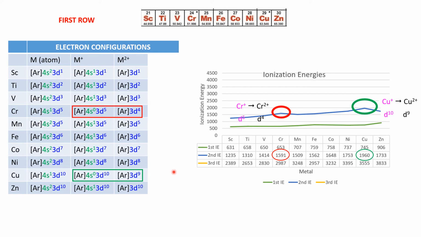And previously, we said that beryllium, which had that filled 4s, was higher than it should be, and boron was lower than it should be. So for the half-filled and filled d subshells here, we can see the effects in the ionization energies, and we can relate those ionization energies back to the electron configuration.